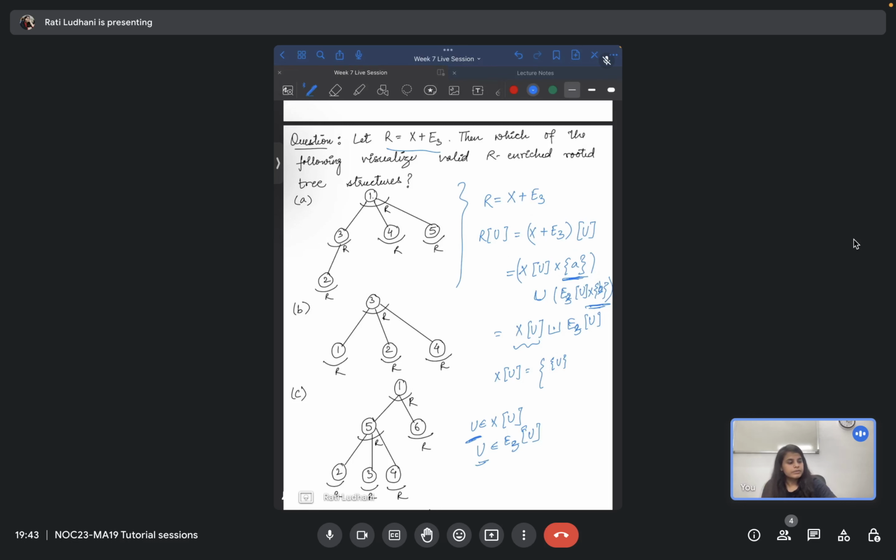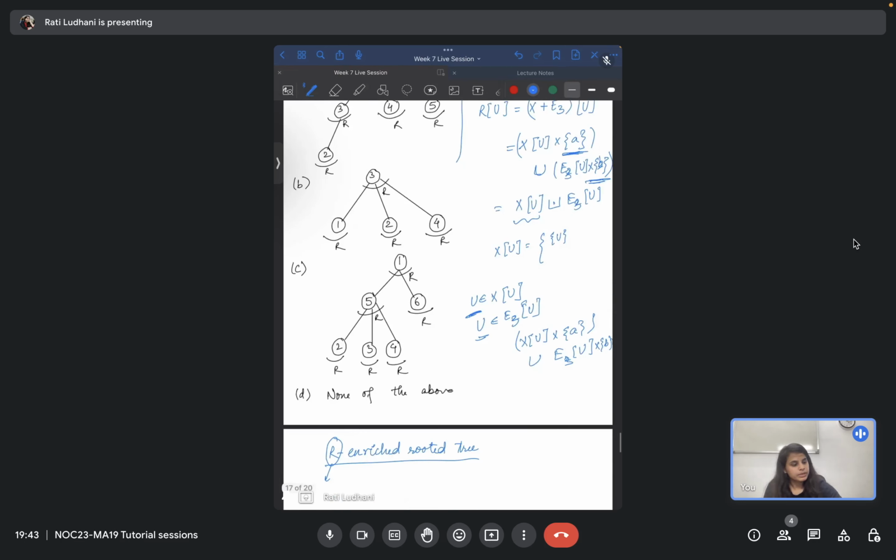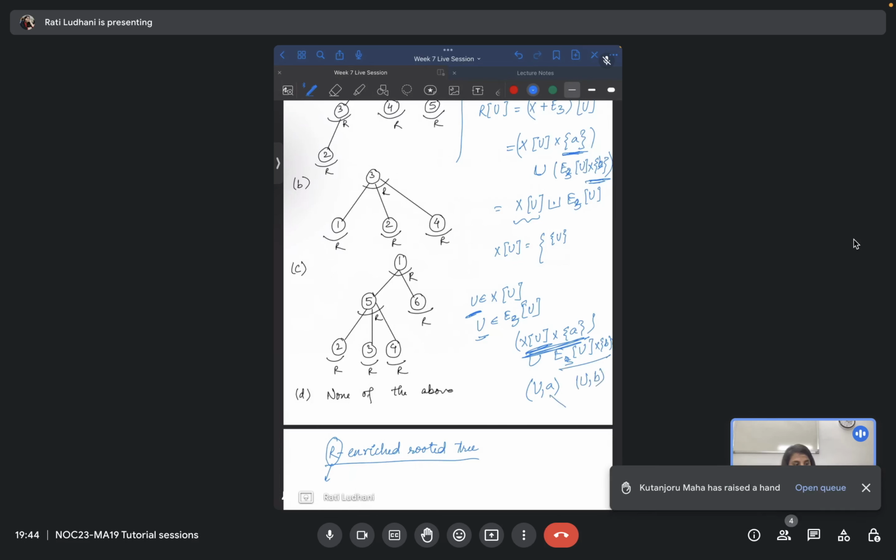To write that, this is a way to do that: E3 of U cross B. Even if you got U here, when you take this element you will get this ordered pair, and here we will get U comma B.